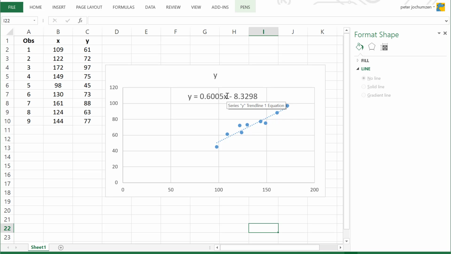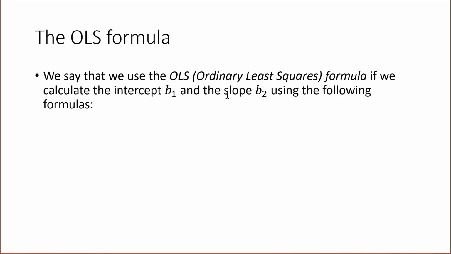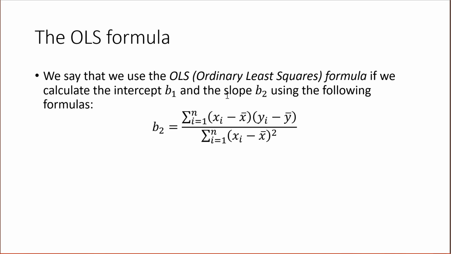Well, the answer is that it used something called the OLS formula. We use the OLS formula, where OLS stands for ordinary least squares, if we calculate the intercept and the slope of this trend line using specifically these formulas below.